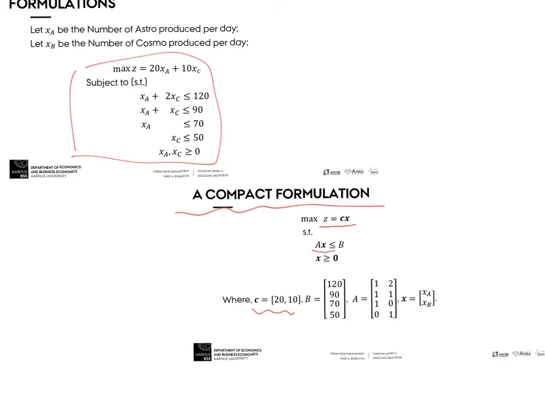Then the constraints can be written as Ax less than or equal to vector b. So b normally is called the right hand side of your constraints. And then here we have A, normally called the constraint coefficients.